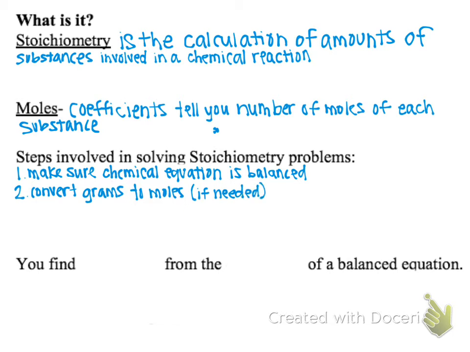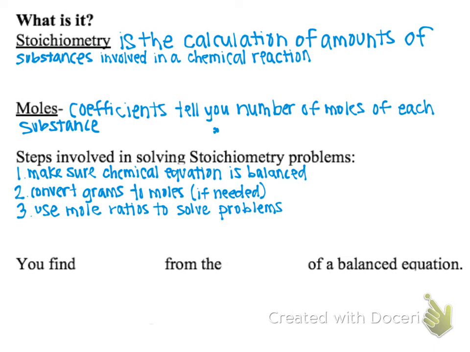And the third step is use mole ratios to solve problems. So those are your 3 steps to use to solve stoichiometry problems.